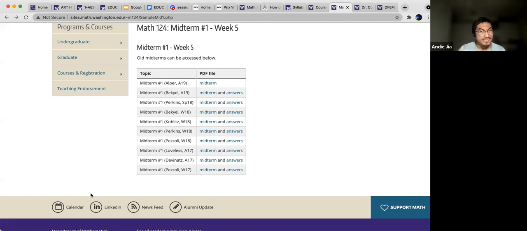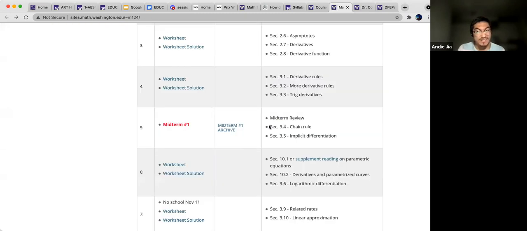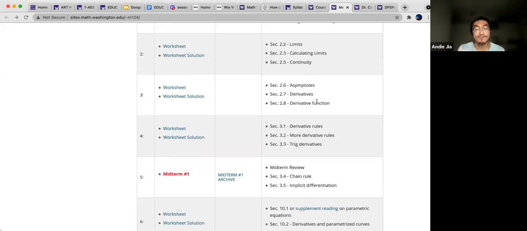So that section is not in our agenda here, so you don't need to know 2.4, the precise definition.